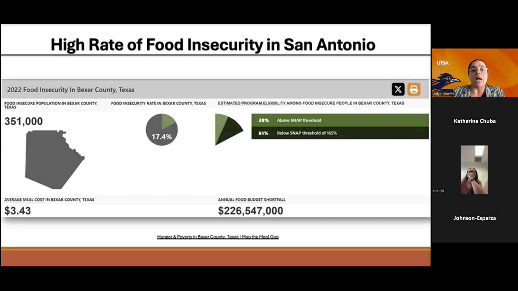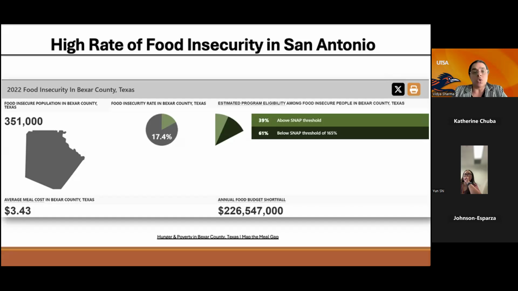Here in Bexar County, based on 2022 data from Feeding America, San Antonio has higher rates of poverty, about 20%, and food insecurity, about 17.4%, compared to the entire state of Texas, which is just about 13%. And this is especially prevalent among racial and ethnic minority groups and older adults.